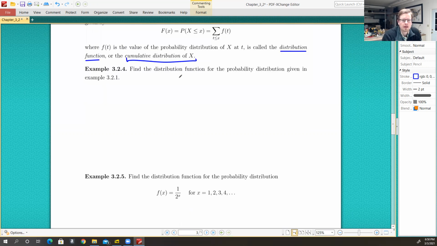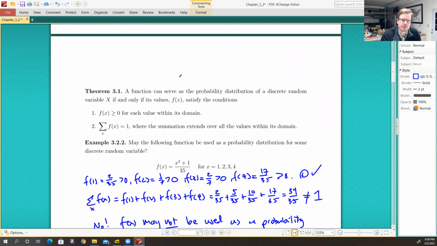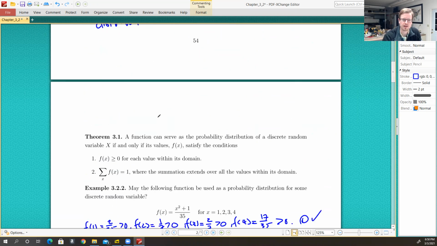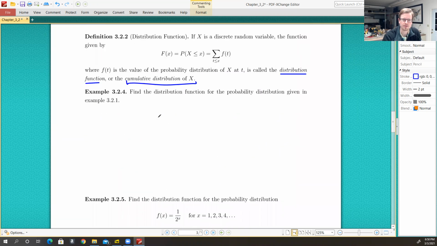Okay, so let's find the distribution function for the probability distribution given in our first example. In our first example, we considered the couple having 3 kids. So our possible values for the discrete random variable were 0, 1, 2, and 3. So we just want to find the associated values: capital F of 0, capital F of 1, capital F of 2, capital F of 3.